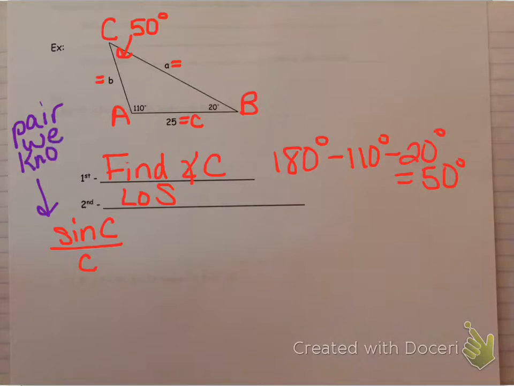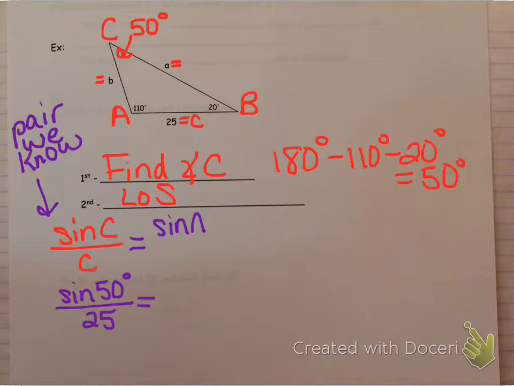We know angle C and we know side C. It's the only pair of an angle and side that we know. So we choose to use those as our starting point. And so that would be sine of 50 degrees over side C, which was 25. And we set it equal to the fraction for whichever part of our triangle we want to solve for. I tend to go alphabetically. So what I would do is sine of angle A over side A.